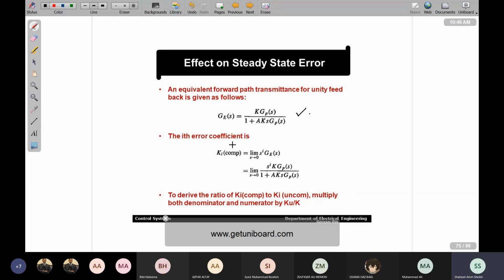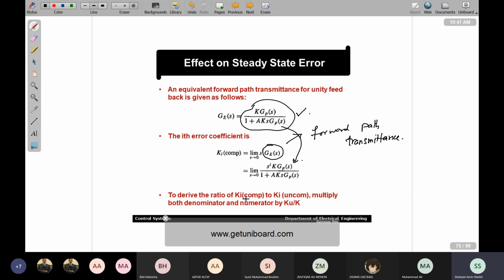So what you will be doing, the ith error coefficient Ki compensated will be equal to limit s tends to 0, s^i, and that's your forward path. And ultimately you will end up with this thing, that limit s tends to 0, s raised to power i, and this thing will come over here. ठीक.